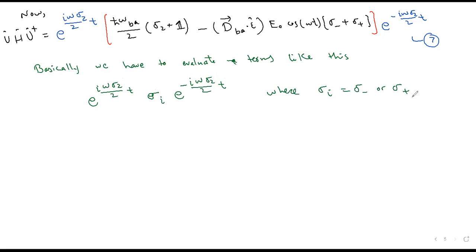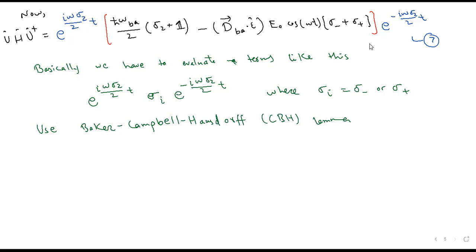Okay, so to do this we can use the Baker Campbell Hausdorff, the famous BCH theorem or lemma. Basically, it's a lemma, not exactly a theorem.